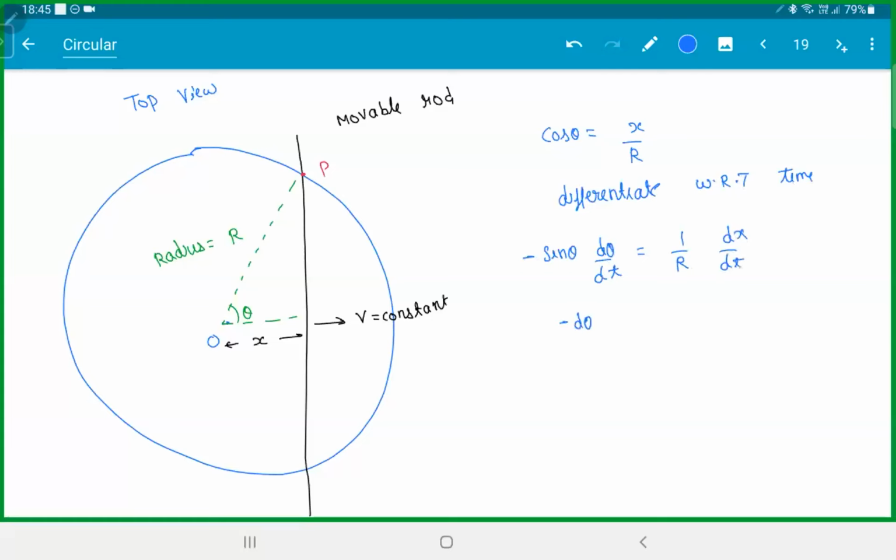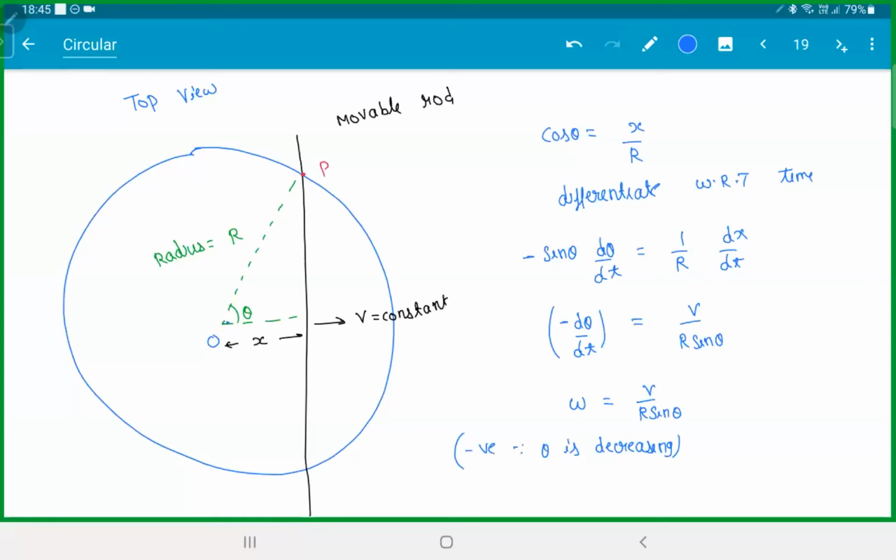So minus d theta by dt is v by r sine theta, and this is your omega. Why minus? Negative because theta is decreasing. So minus d theta by dt will be omega. So omega is v by r sine theta. Yeah, easy.